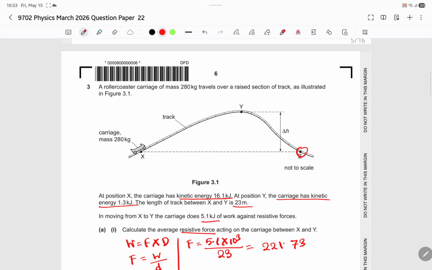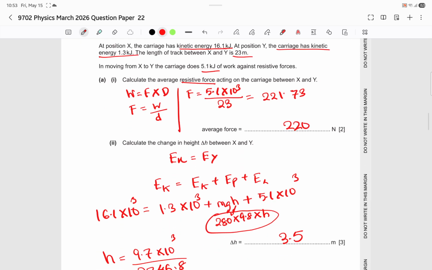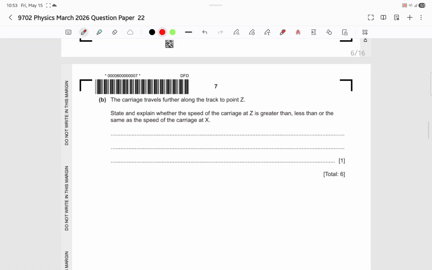From here to here the overall energy will increase, but here the gravitational potential decreases. What about the speed at Z?